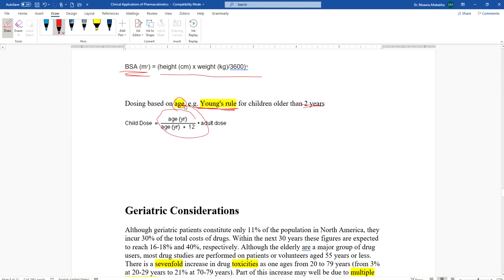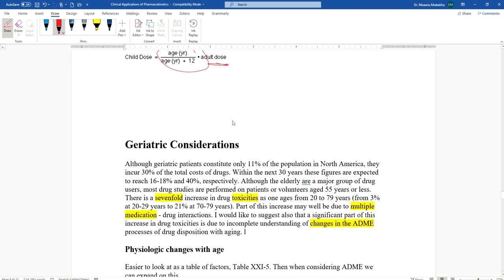And this you multiply by the adult's dose. So we have different approaches. We may use one of them once the child exceeds the age of 1 or 2 years old.